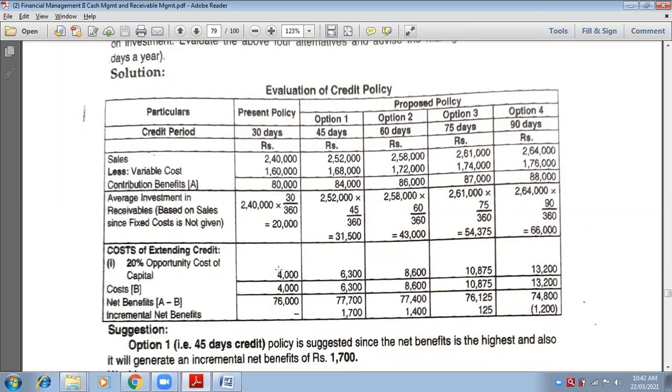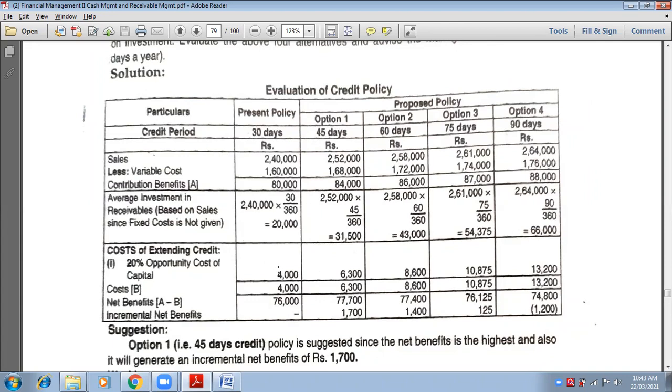Okay, come on, tell me. After adding all the 3 expenses in the present policy, what is the total cost? Administration cost is not there, bad debts is not there. You just have to copy down 4,000, 6,300, 8,600, 10,875, 13,200. This is my total cost. Why?